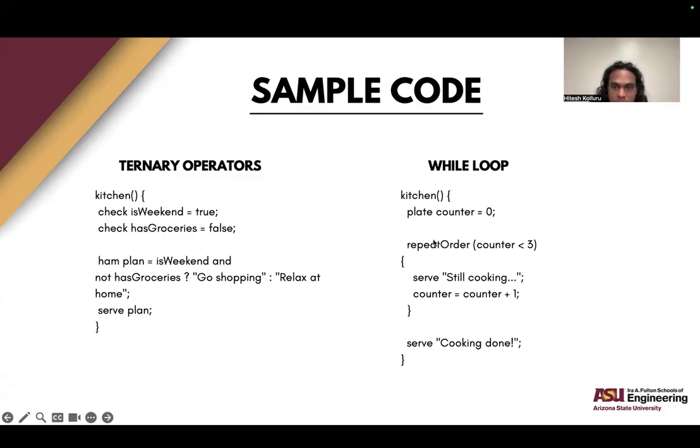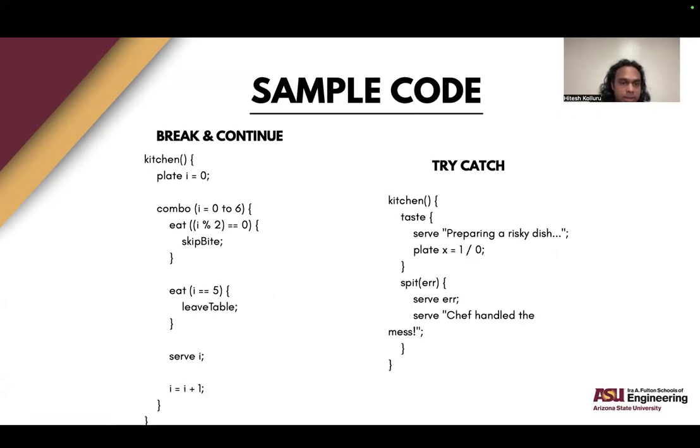And then the while loop is with repeat order, where depending on the evaluated condition, it will run the while loop. We have break and continue here, and try and catch is taste and spit.